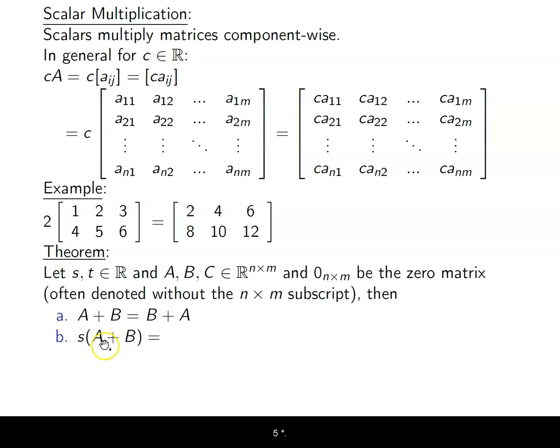If I multiply the sum of A plus B by a scalar, it's the same as if I were to distribute that scalar across both matrices and then add them together, right? So S times the sum of A plus B is the same as the sum of S times A plus S times B.